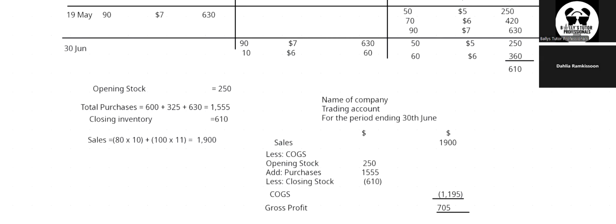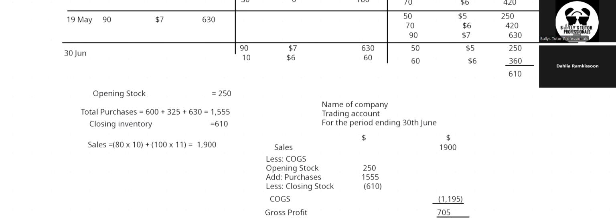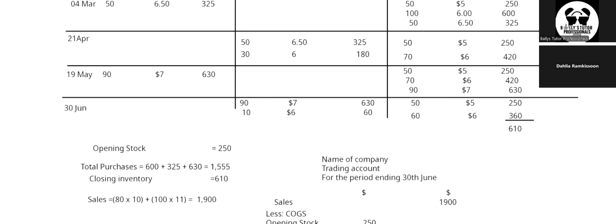So the method that you choose to value your stock determines the value of your stock. It will change based on which method you're using. In other words, one of the main reasons we're doing all of this is to get this: how much our closing stock is worth.